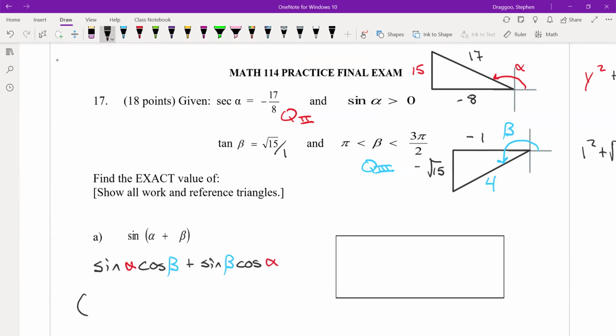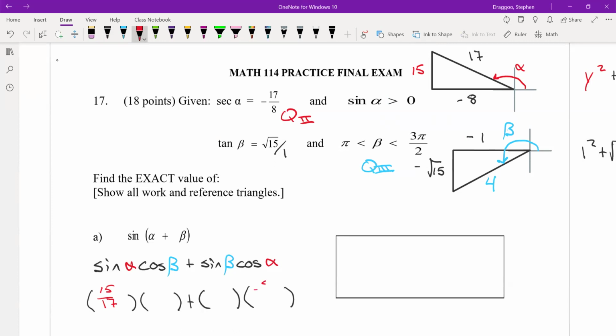So I need a value here, plus a value here, times a value there. And we'll just go to our reference triangles to get them. The sine of alpha, opposite over hypotenuse, that's 15 over 17. And while we've got red out, let's also get cosine of alpha.